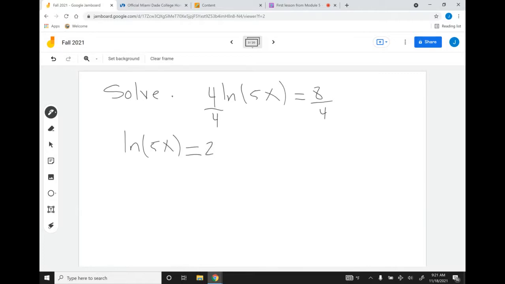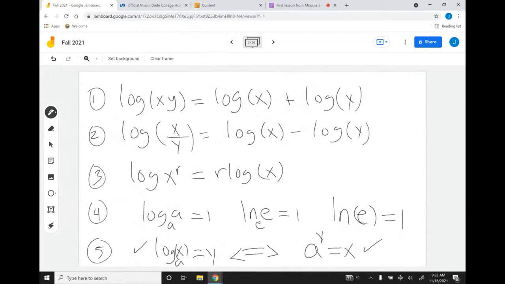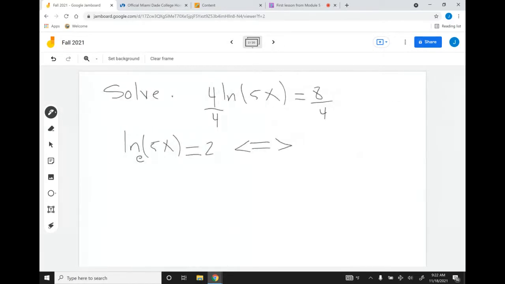Then the second step is to know that the base of ln is e. And then we're going to do exactly the same thing that we did on number 5, and that is to change it to exponential form. That will be the easiest way to solve this. So this will be written as e, which is the base, to the 2, the exponent, equals 5x.